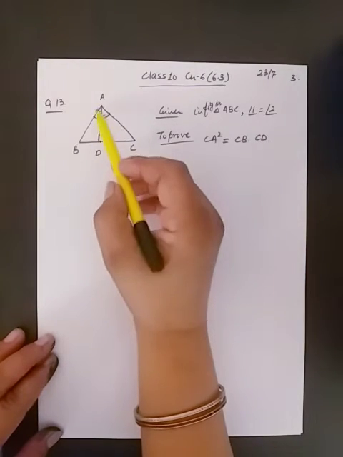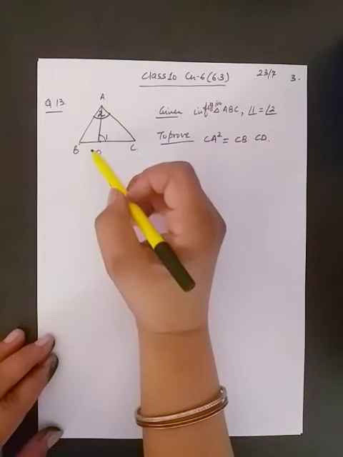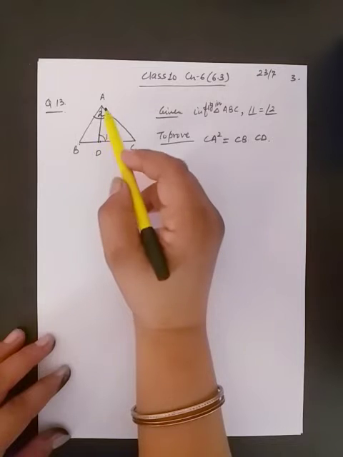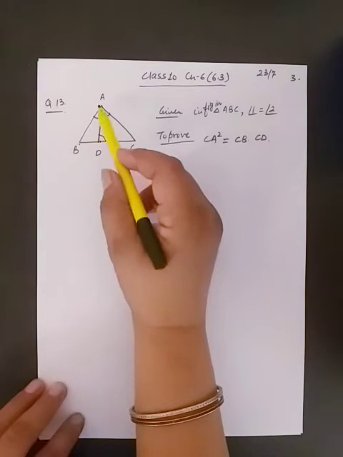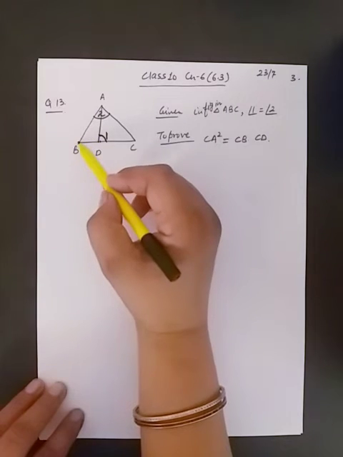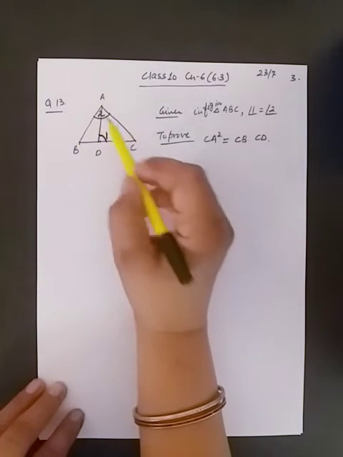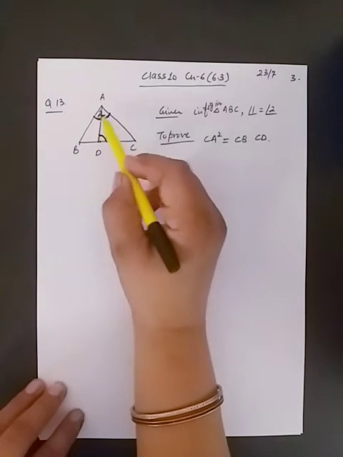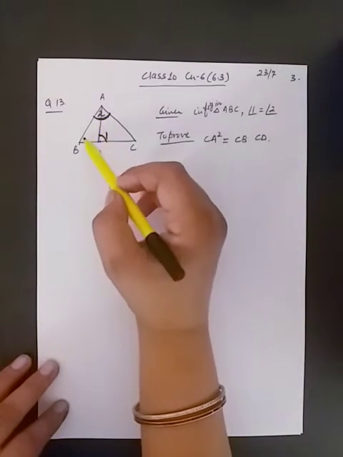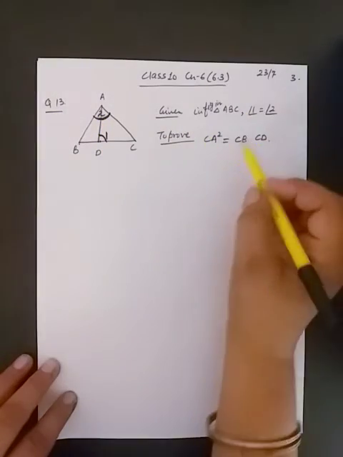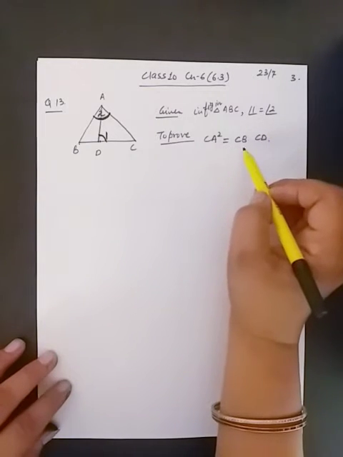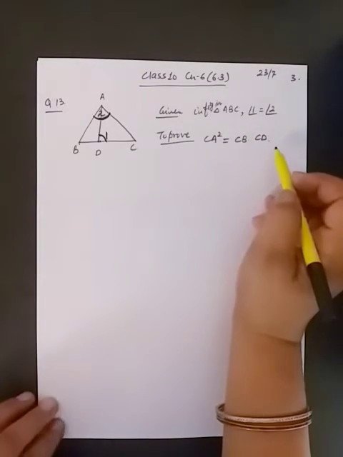Here the triangle is ABC and D is any point on BC such that angle ADC, which I have named angle 1, is equal to angle BAC, meaning complete angle A, which I have named angle 2. So angle 1 and 2 are given equal, and we have to prove CA square is equal to CB into CD.